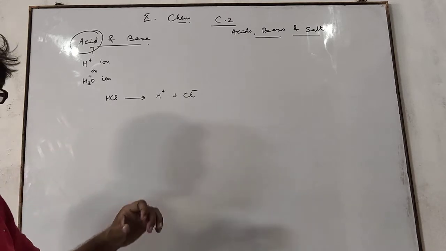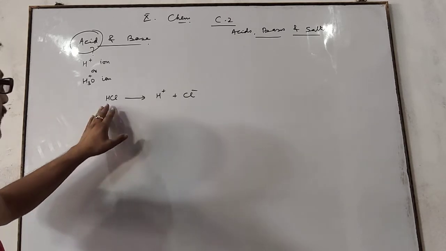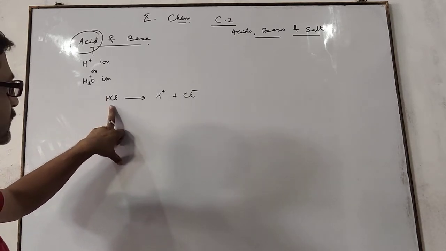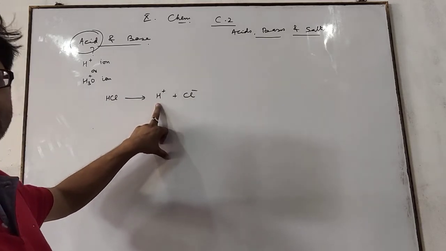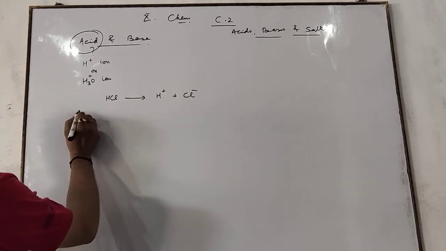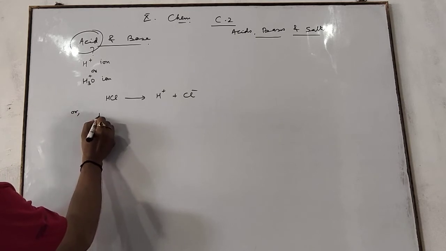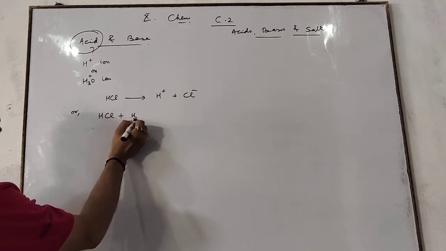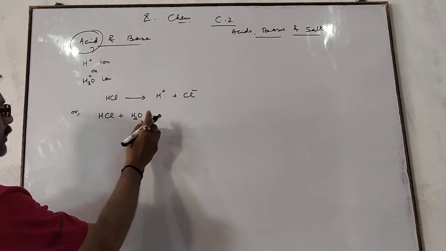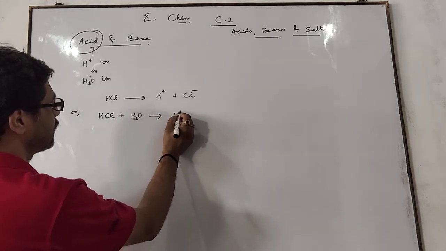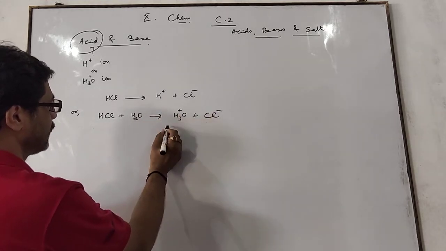HCl is acid because it gives H plus ions. This equation can also be written as HCl plus H2O. When HCl is dissolved in water, it gives H3O plus and Cl minus.